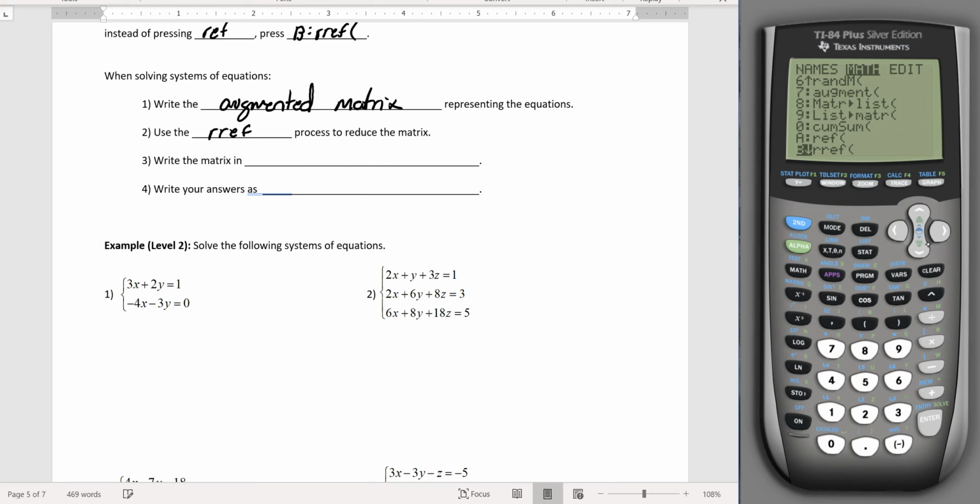We're going to write that matrix in reduced row echelon form. And then lastly, we're going to write our answers as coordinate pairs. Remember, because they represent systems of equations, which means this is the point where these lines all intersect, either in two-dimensional space with number 1 or in three-dimensional space with number 2.